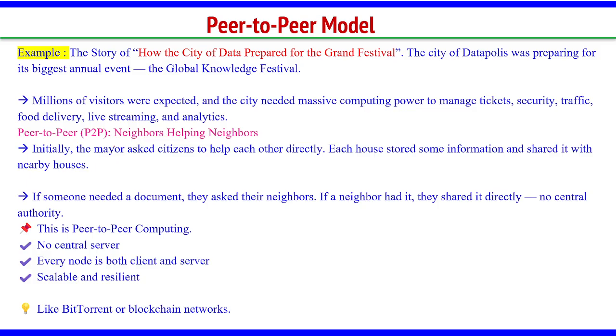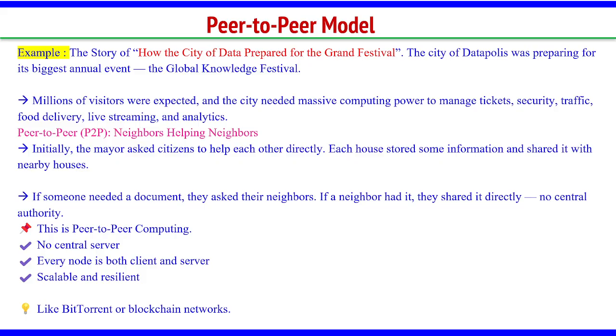The city mayor initially asked citizens to help each other directly, because it's a very huge task. You have to organize a very big technical event. A small city or a small town cannot handle it by itself. A small organizing team cannot do that. We need to take help of all the citizens.